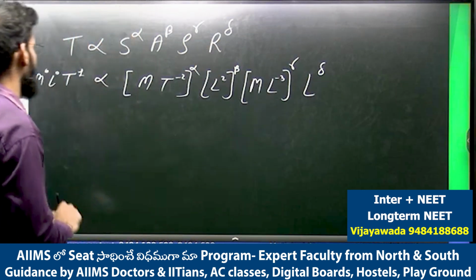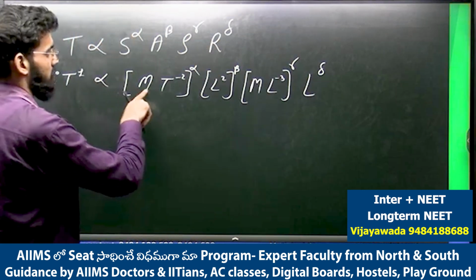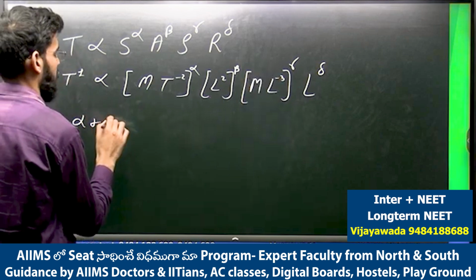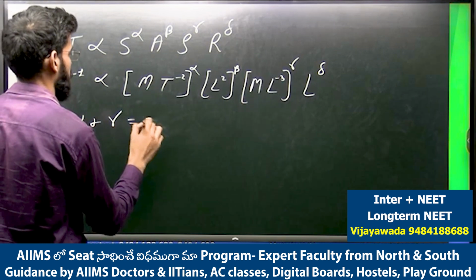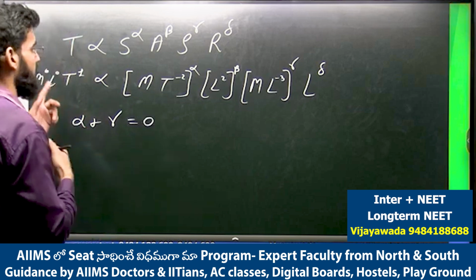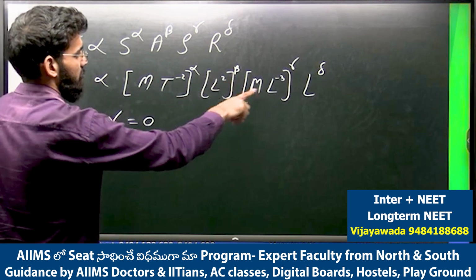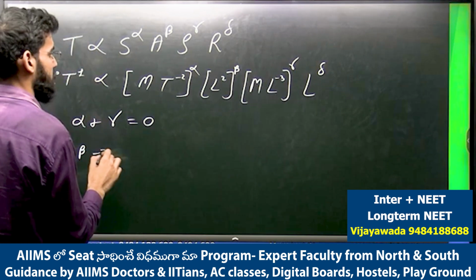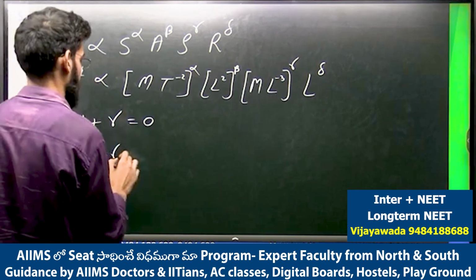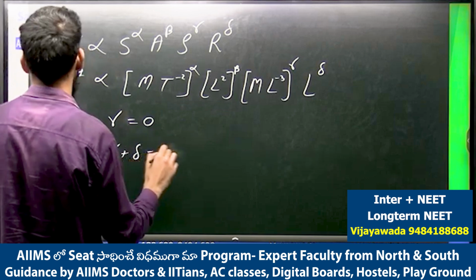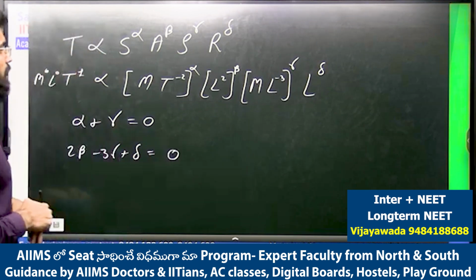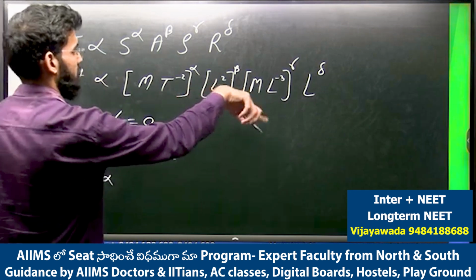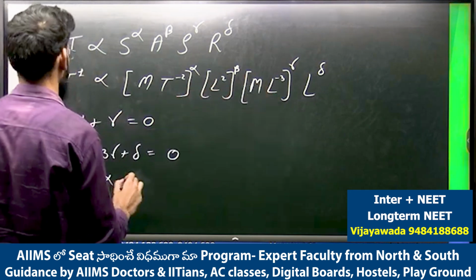From here, if I compare, mass: alpha plus gamma is equal to 0. This is one equation. Length equation: 2 beta minus 3 gamma plus delta equals 0. Third, time: minus 2 alpha equals 1.